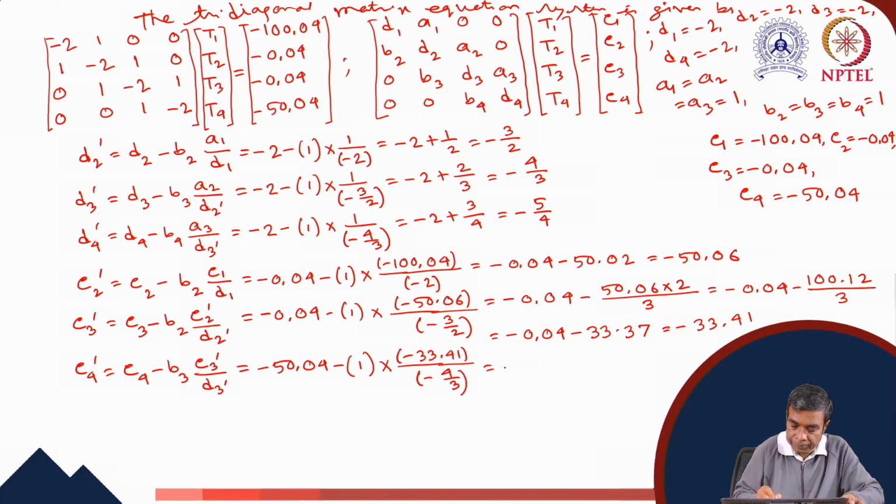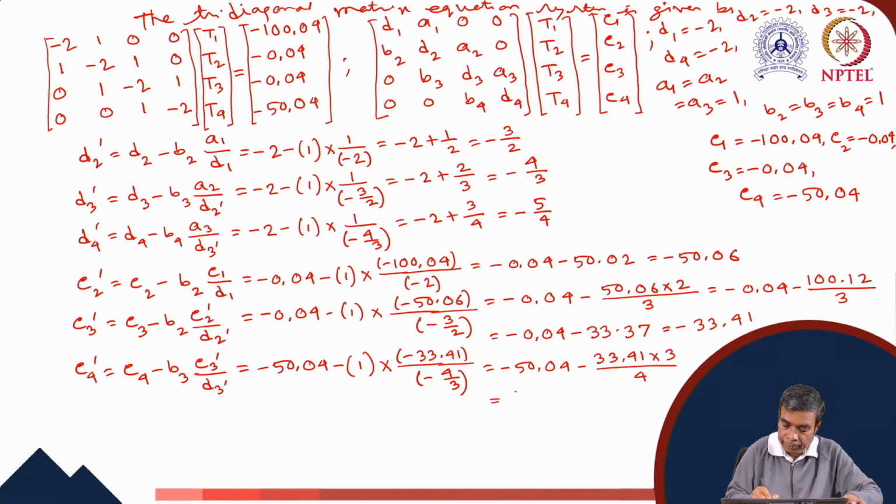So this is minus 50.04 minus 33.41 into 3 divided by 4, minus 50.04 minus 100.12 divided by 4, equals minus 50.04 minus 25.03, equals minus 75.07.